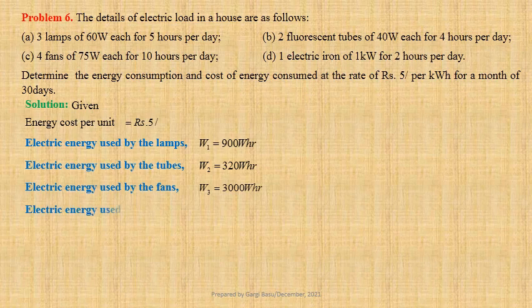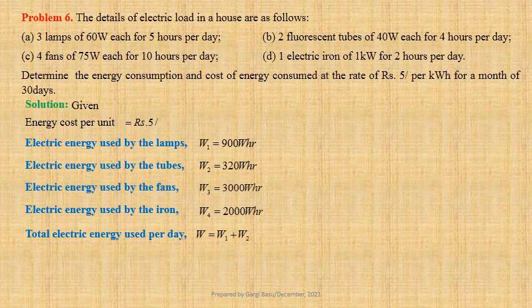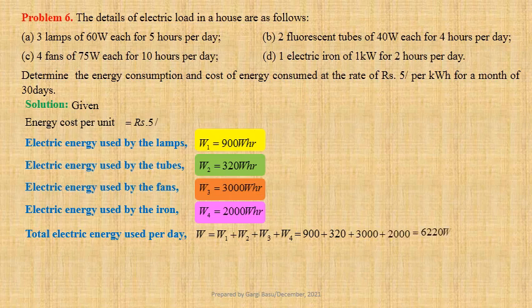Electric energy used by the iron W4 equals 2000 watt hours. Let us now calculate total electric energy used per day. W equals W1 plus W2 plus W3 plus W4. Using values we get 900 plus 320 plus 3000 plus 2000. That gives us 6220 watt hours or 6.22 kilowatt hours.